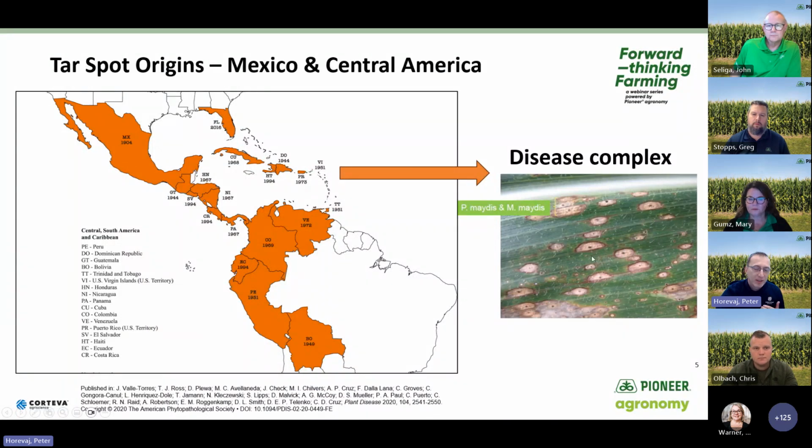We don't see that here in North America. In North America, I should say US and Canada, we see only Phyllachora maydis, not the other pathogen. So that's one of the differences.